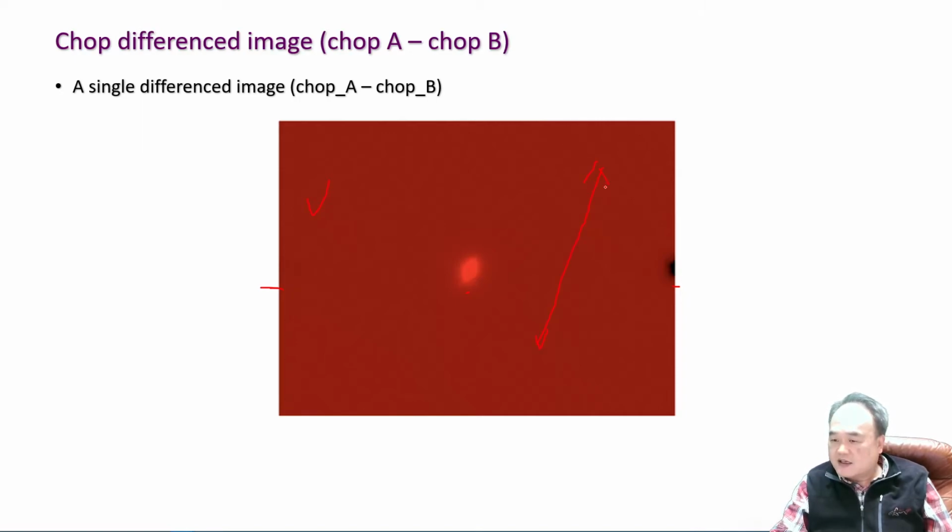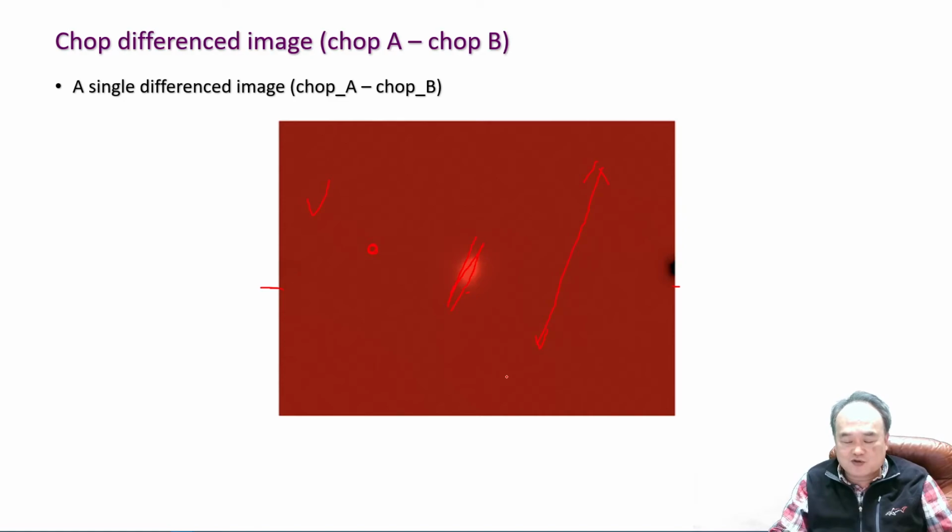Okay, you can see that there is a tail. The target is supposed to be just a perfectly round point source, but you can see there's a tail in the direction of the chopping direction. So that means the telescope's secondary mirror is fluctuating, rattling quite a lot, and the settling time is not long enough, so there's a tail from the chopping operation.